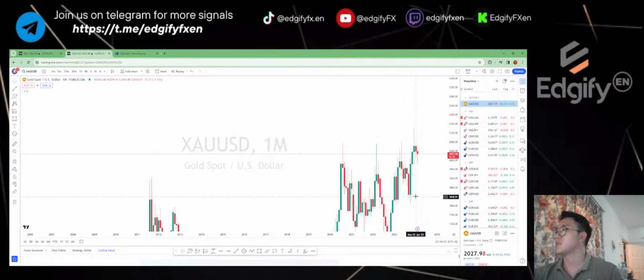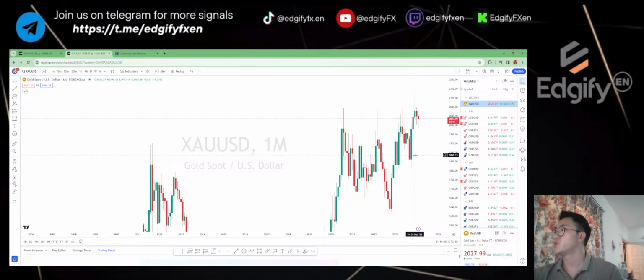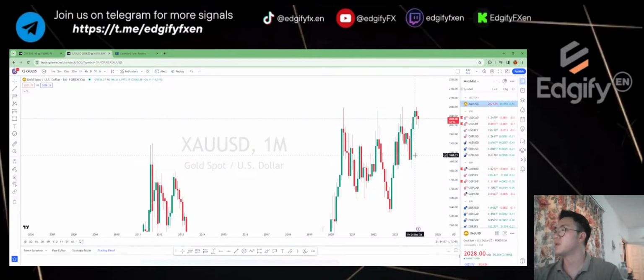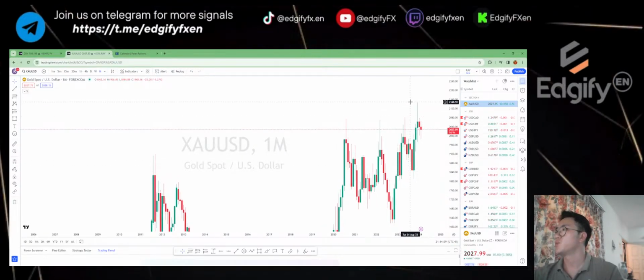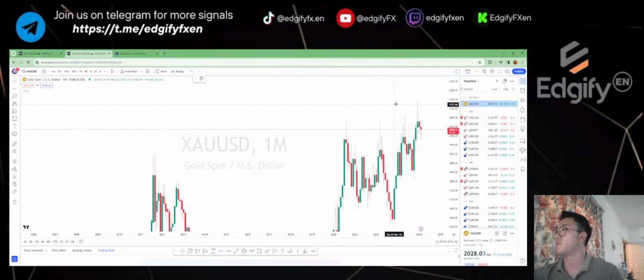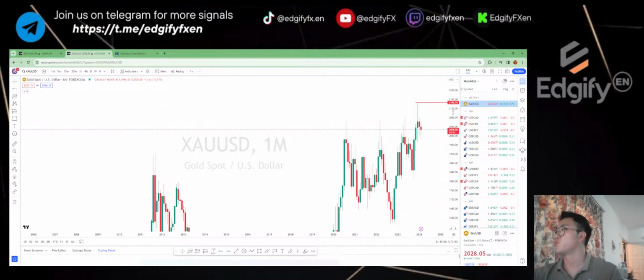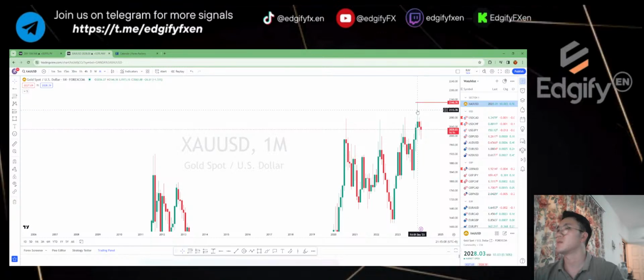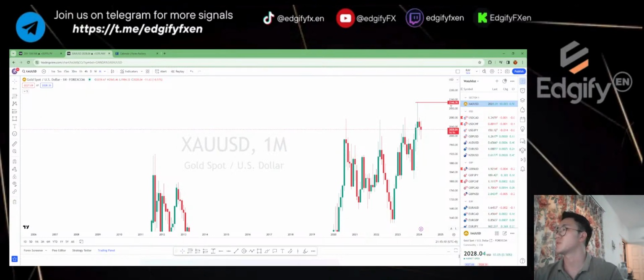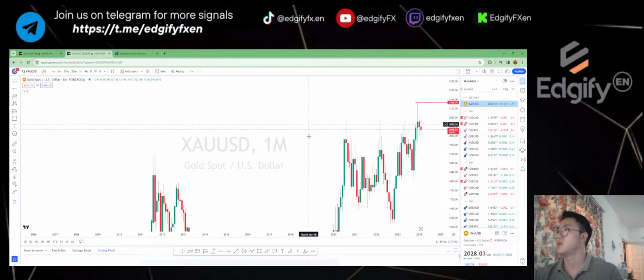So if we look at monthly, which is December last year, we do see a new higher high being formed, which is an all-time high at 2146. This is the all-time high on gold.